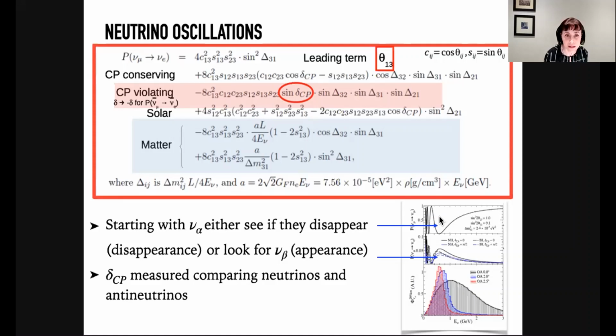You can see that after a bit they disappear, then they appear, they disappear, and appear again. So you have this oscillating process, and then we can measure these. So the bottom line is that we do have neutrinos, we know what they are, we want to measure what appears, and from what appears, we'll be able to measure parameters related to the mixing matrix, and in particular, we'll be able to measure delta CP.